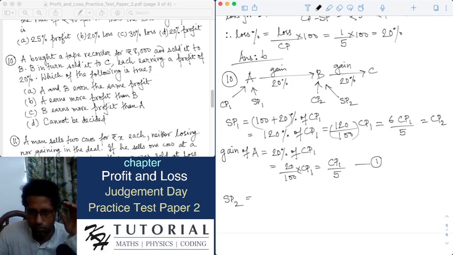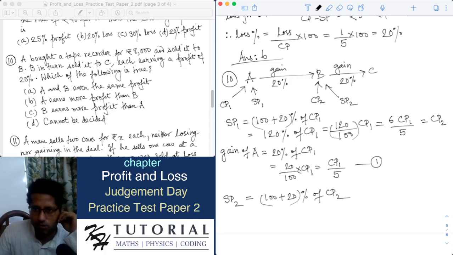So the selling price of B is 100 plus 20%, that is 120% of CP2, not CP1, CP2, the cost price at which B purchased from A. What is CP2? CP2 is 6 CP1 by 5.